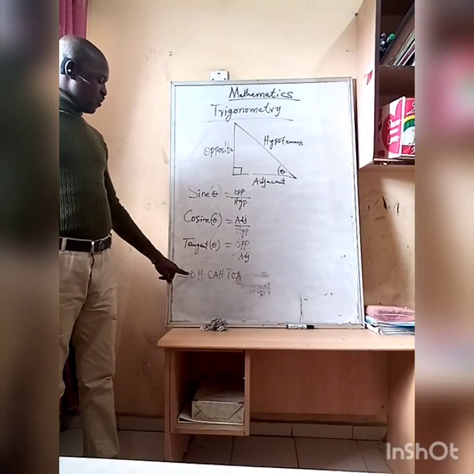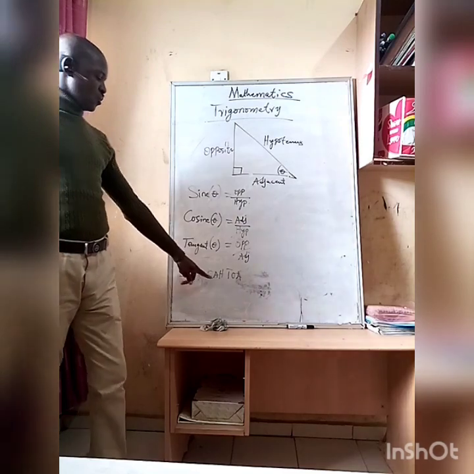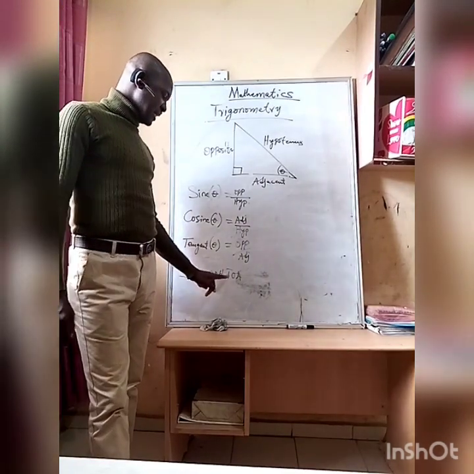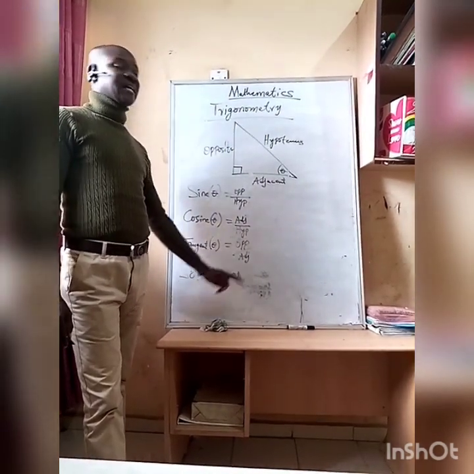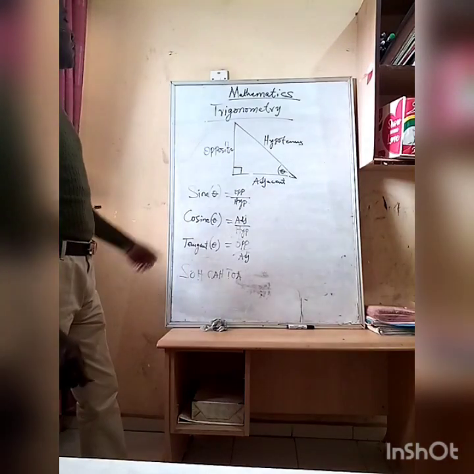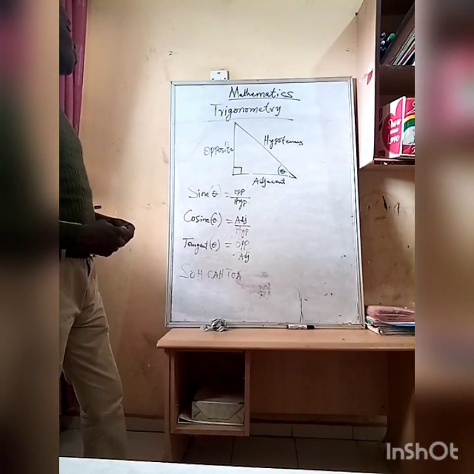That is sine equals opposite over hypotenuse, cosine equals adjacent over hypotenuse, and tangent equals opposite over adjacent. So these are the basic trigonometric ratios.